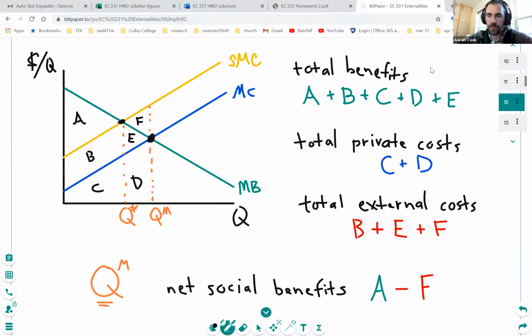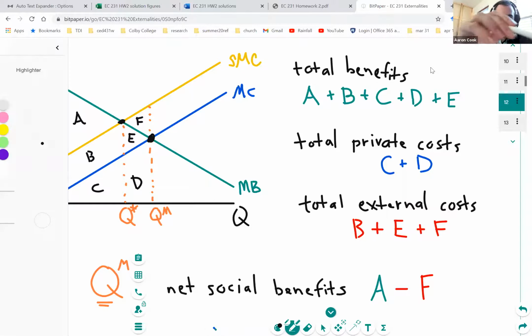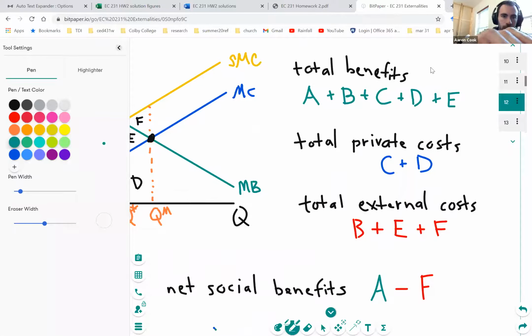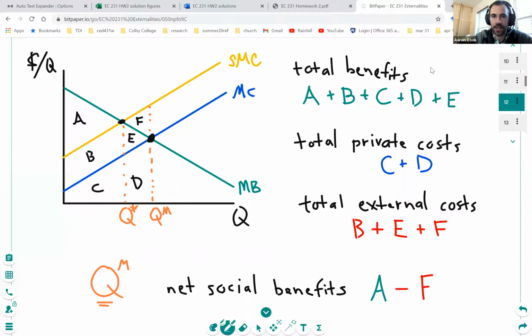This is the welfare analysis that we had done last time. Recall that we had total benefits at QM. We were looking at QM, which is the quantity that would result in an unregulated market.